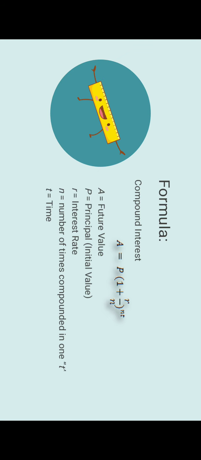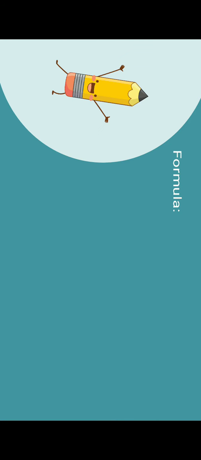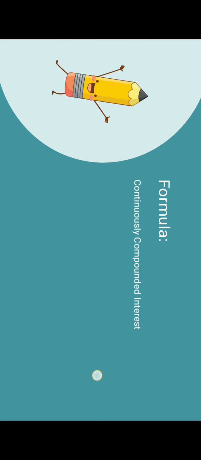So the formula of compound interest is A equals P times (1 plus R over N) to the power of N times T.